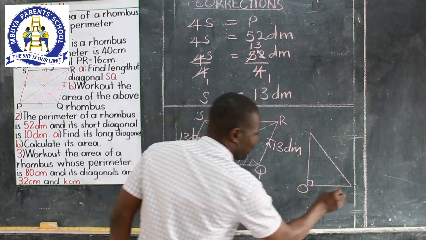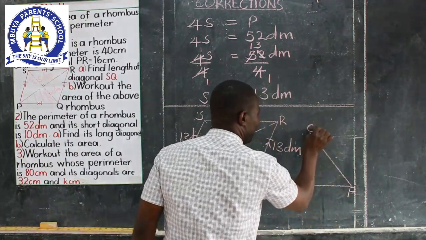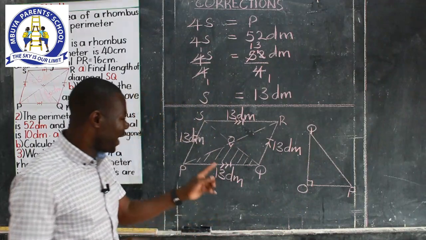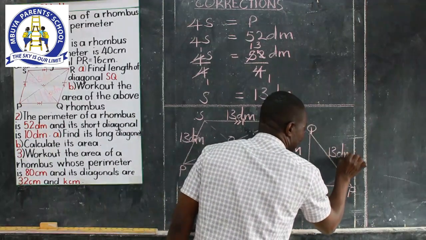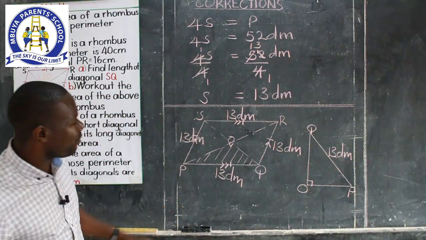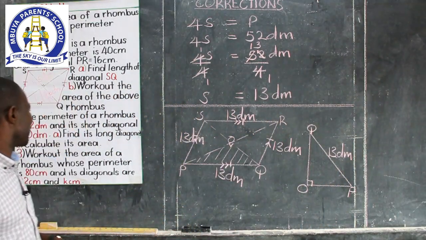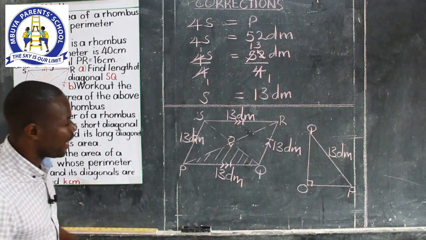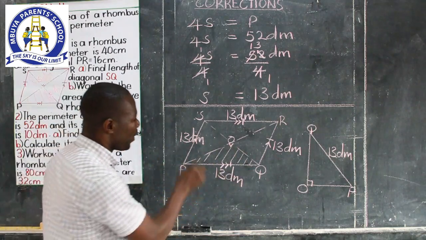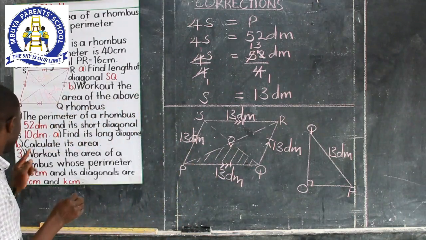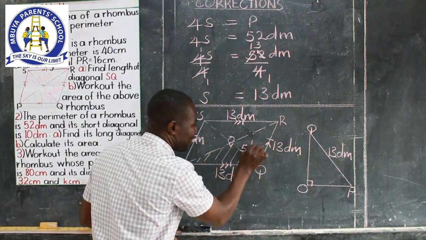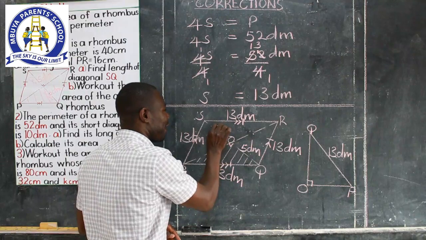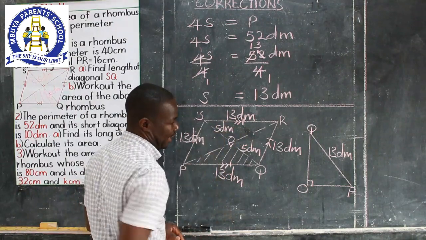And we shall have P, then Q. So our length, PQ, is 13 decimeters. And one of the diagonals was given, that is the shorter diagonal, QS. So our QS is given as 10 decimeters. So we shall have here 5 decimeters and there 5 decimeters to make 10.